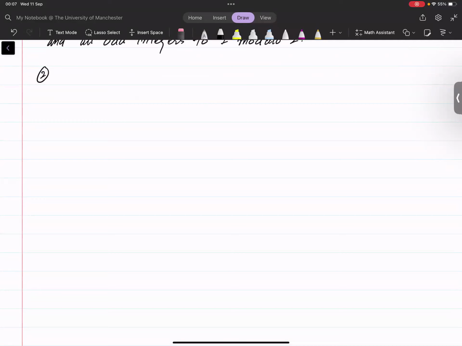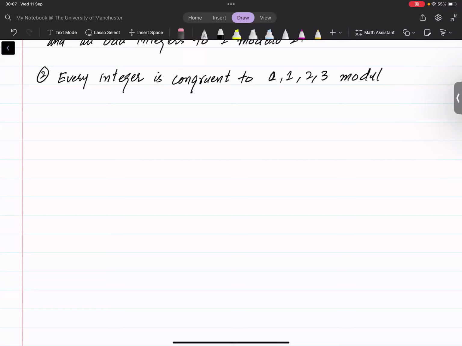Perfect. Number 2, every integer is congruent to 0, 1, 2, or 3 modulo 4.